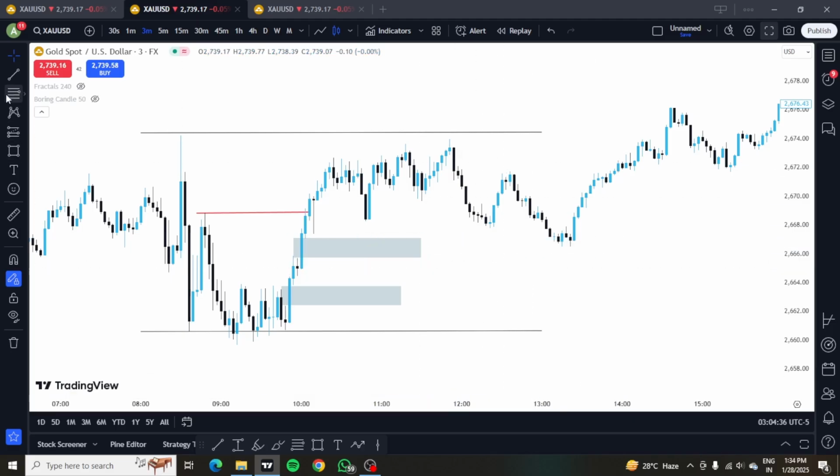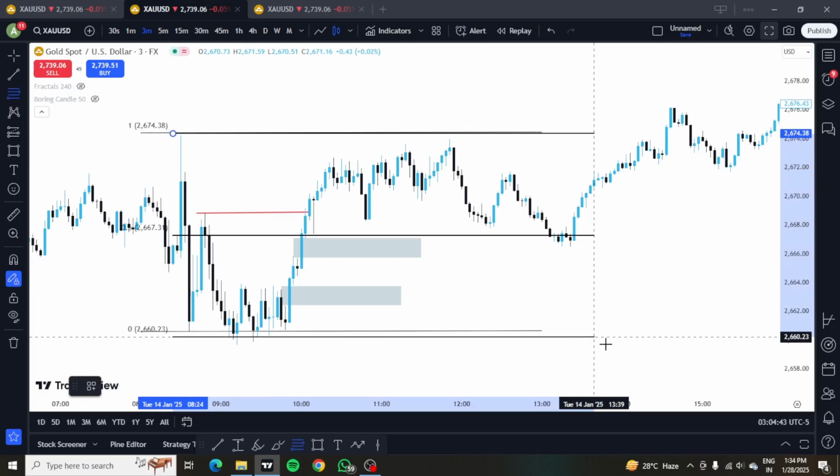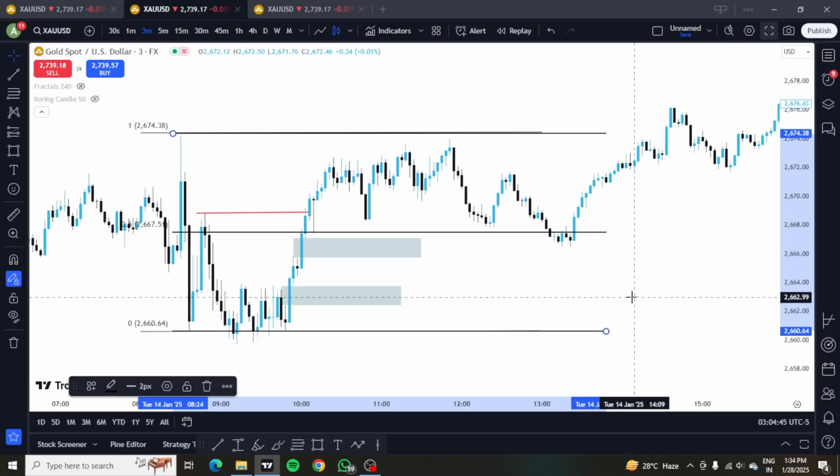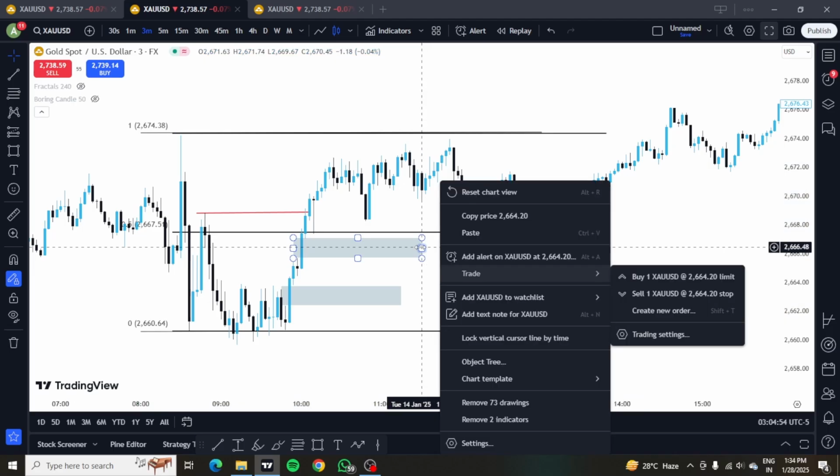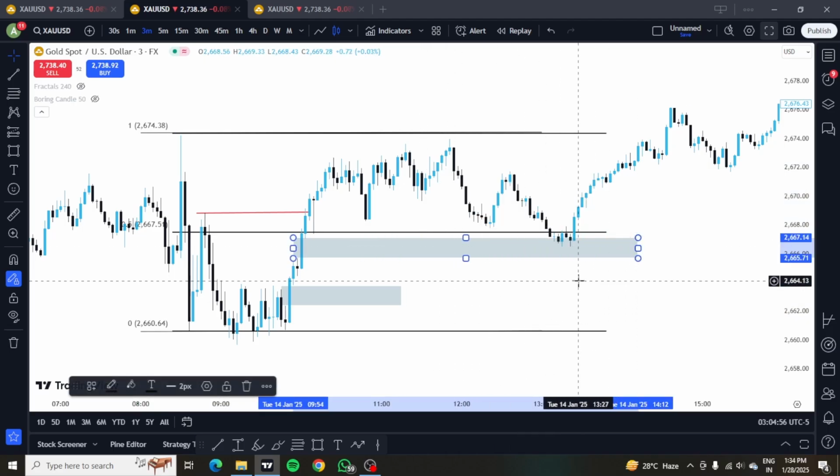I tried this entry setup. I go to the Fibonacci tool, I mark from highs and lows. Below the 0.5 level we see as the discount level, so I marked the fair value gaps in this discount zone. These two fair value gaps I marked.